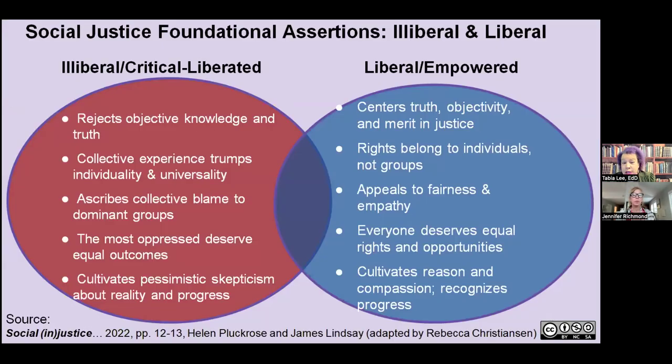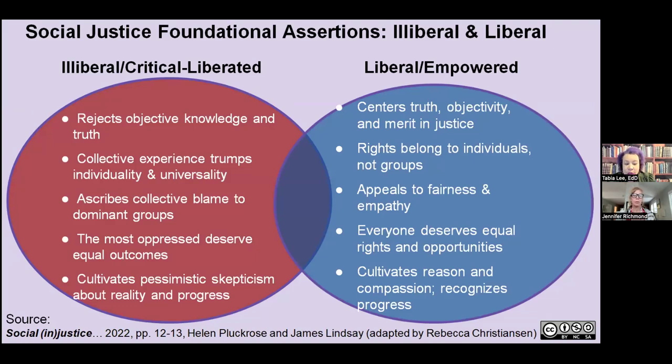So really what we're talking about is an illiberal approach and a liberal approach to social justice. When we're looking at that critical, illiberal way of teaching social justice, you'll see a focus on rejecting objective knowledge and truth, on collective experience trumping individuality, and universality never spoken of.